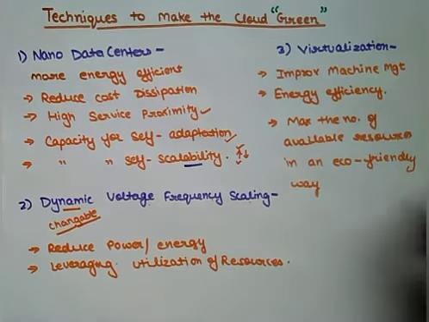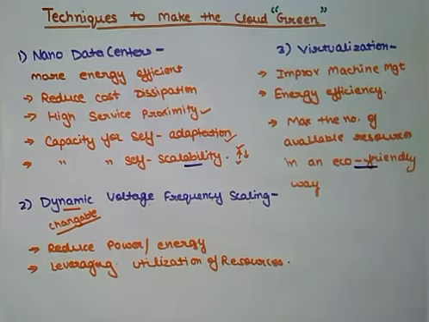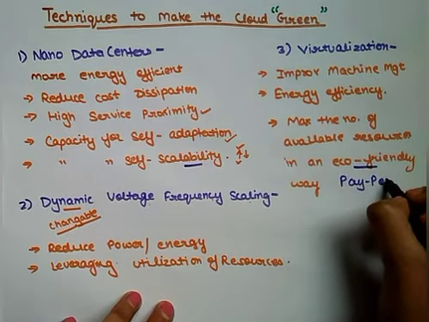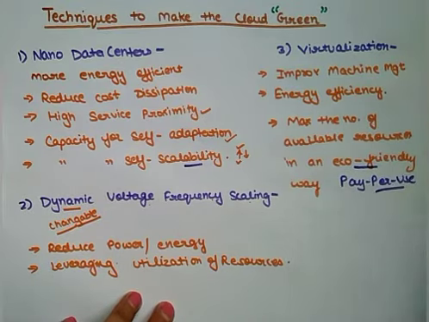Here, eco-friendly way means with the help of virtualization, there is no need to install or get any hardware on your own, right? With the help of this system, that is virtualization, we can access any service provided by a cloud service provider on our system on the basis of pay per use mode only, right? So there is no need to buy any hardware, no need to buy any infrastructure, right?